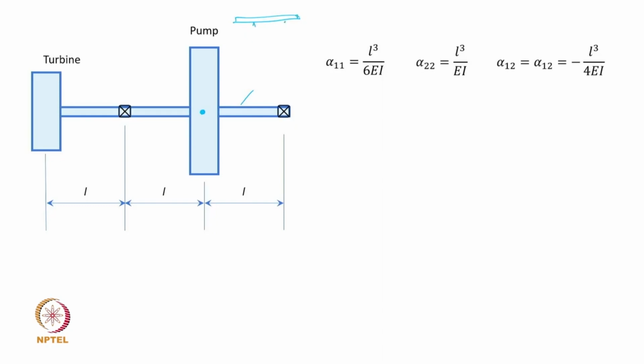If you have these kinds of supports and then apply a force here in the center of the span, what is going to be the corresponding deflection? If you divide this deflection by the force, you basically get alpha 1 1, and that would be for this position.